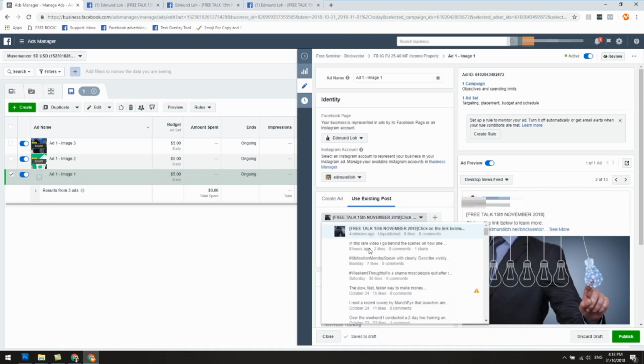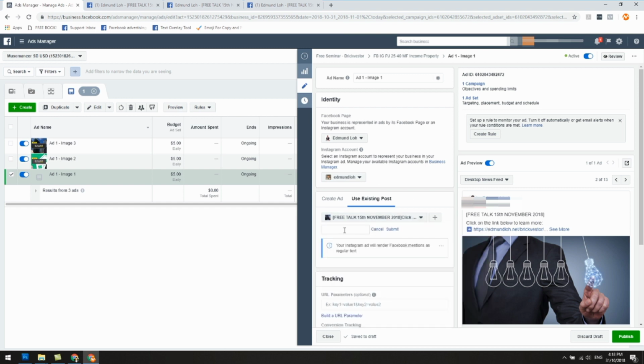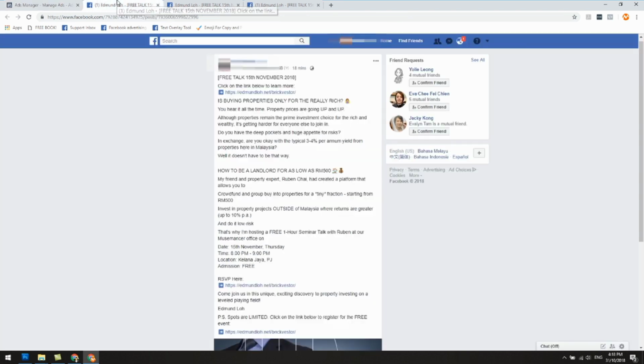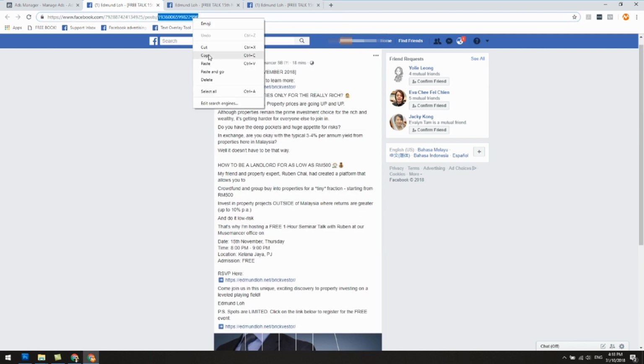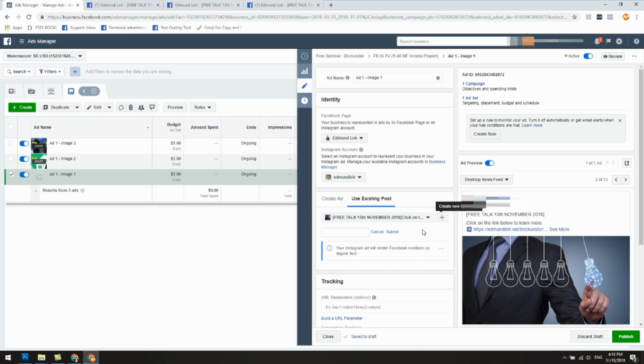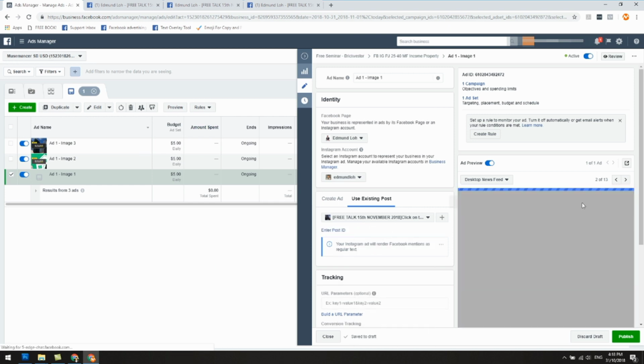There's no way you can select any of this past, what I call the post, by the way. It's not going to be accurate, so don't do that. Now you're going to paste the ID over here. So let's go back to the tab that we had just created. Select this post ID over here, copy, and then we're going to paste it here. Click submit, and it's going to get updated.